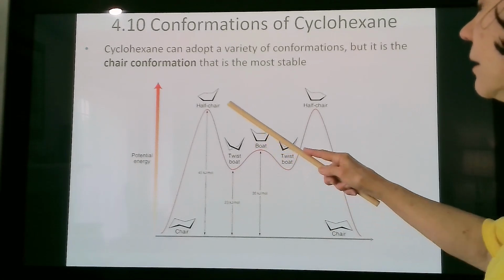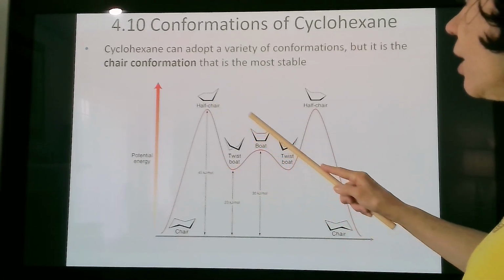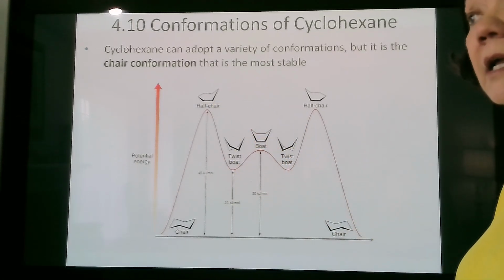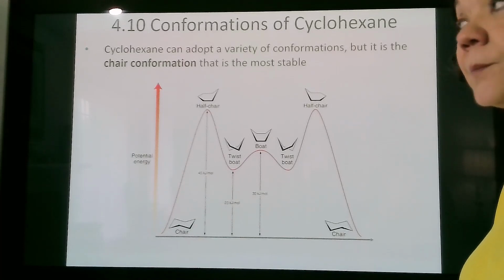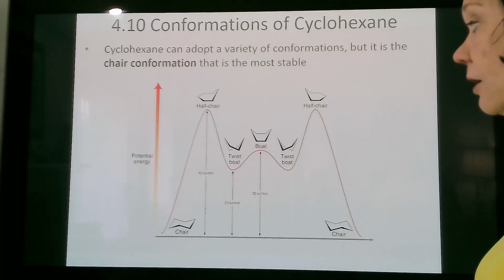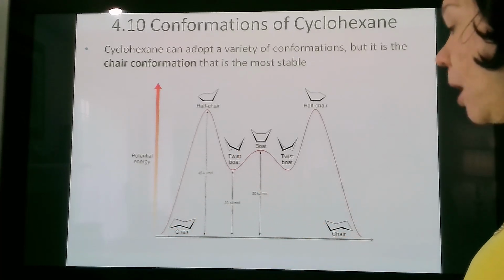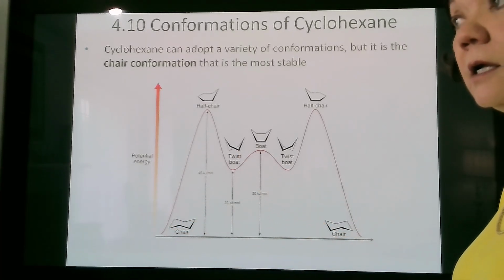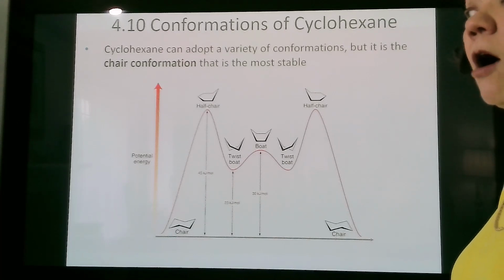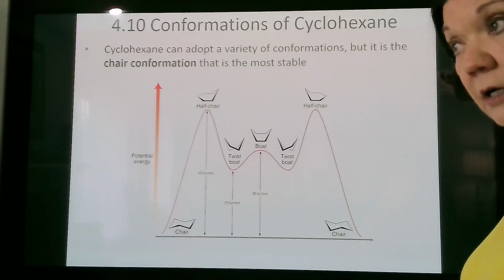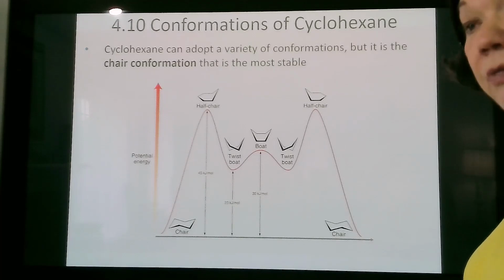Look at it like this: the half chair and the boat are both at energy maxima on this energy diagram. The chair and the twist boat are both at energy minima on this energy diagram. You will need to know that.